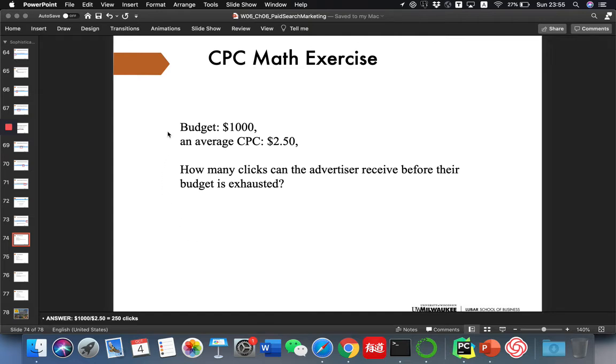So you have the budget of $1,000, and on average CPC is $2.50. Here's the question: how many clicks can the advertiser receive before their budget is exhausted? Basically, with this budget, $1,000, how many clicks will the marketer receive?